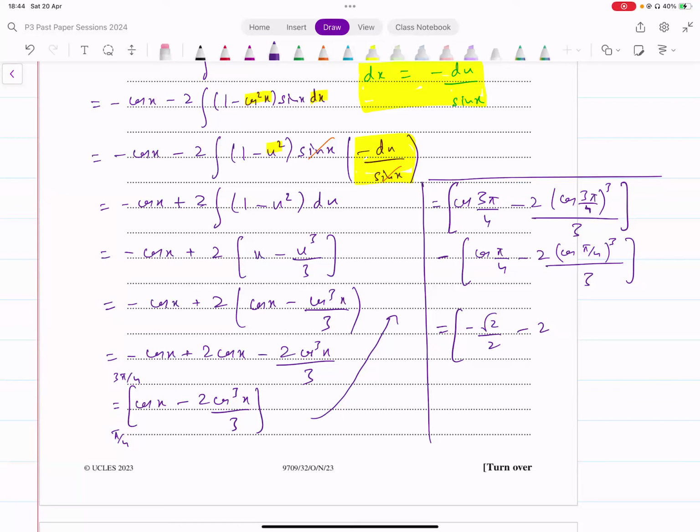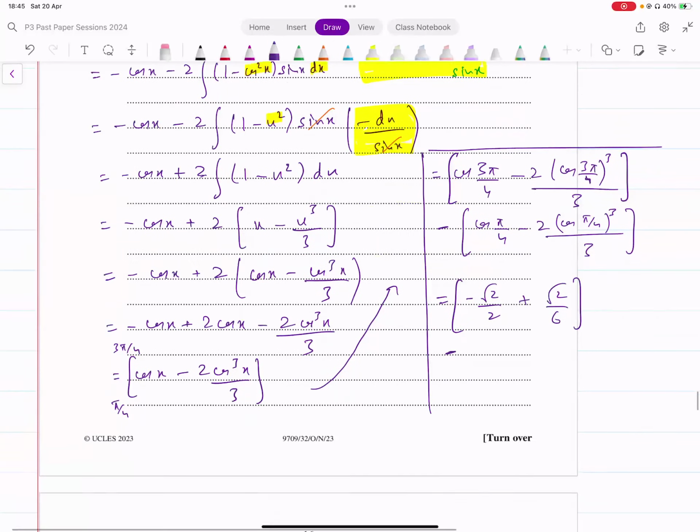Okay, this thing is giving me plus under root 2 over 6. Okay, is that okay?